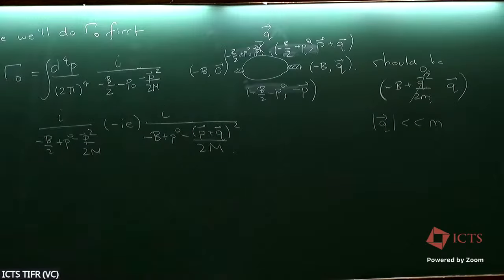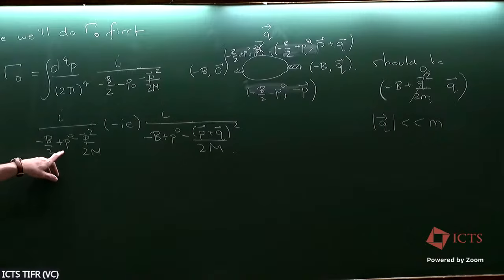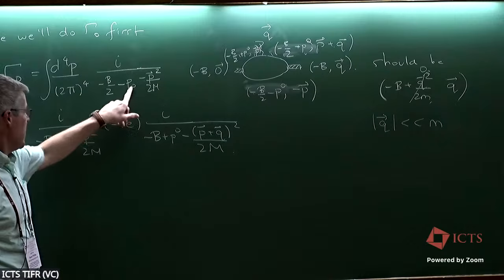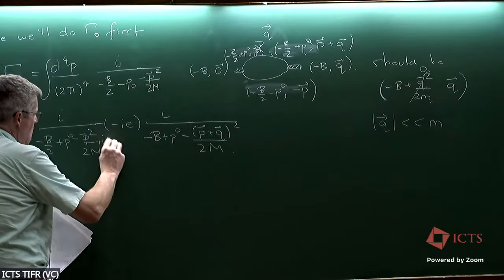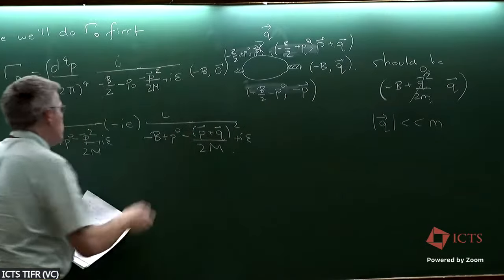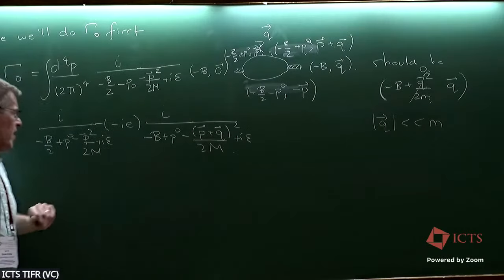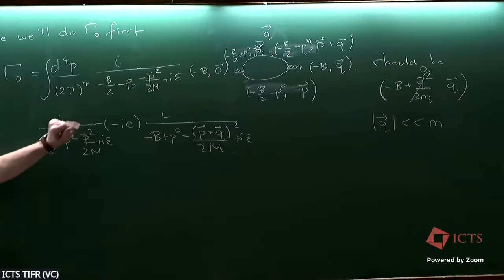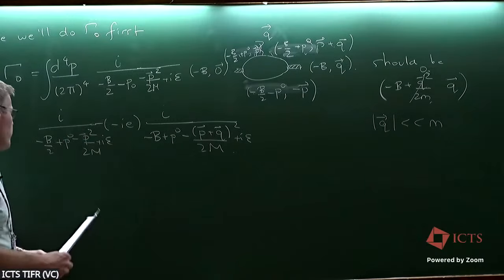So now, if you sit here and stare at this for a minute, you will realize that I have 3 poles. Right? I have this pole here, and this pole here. But if we think about the i epsilons, only this pole is in the upper half plane and these 2 are in the lower half plane. So it makes more sense to close in the upper half plane and pick up this pole.